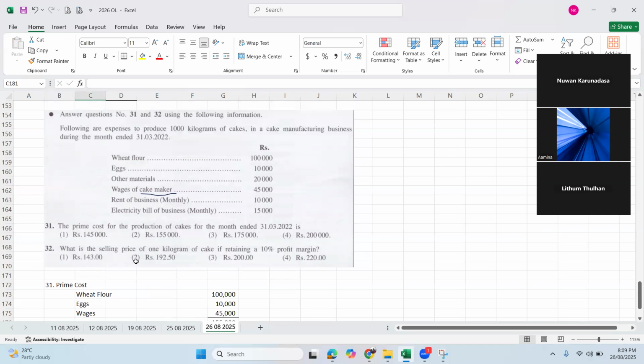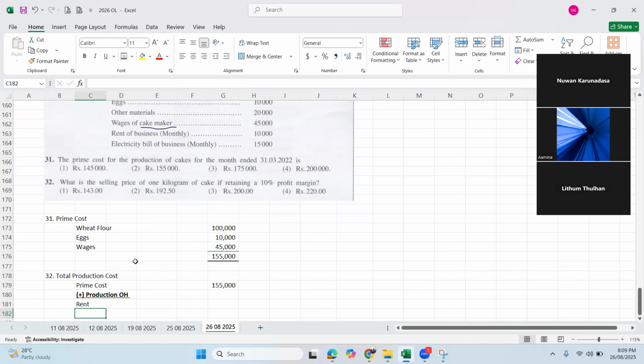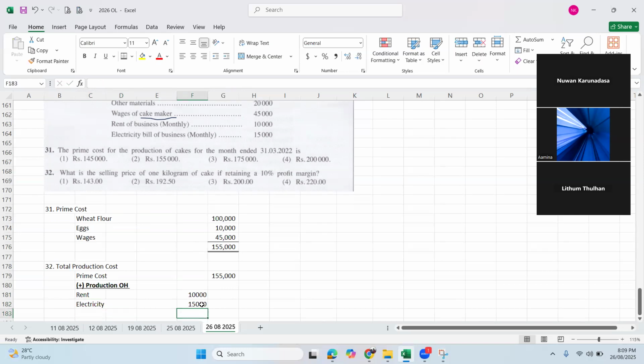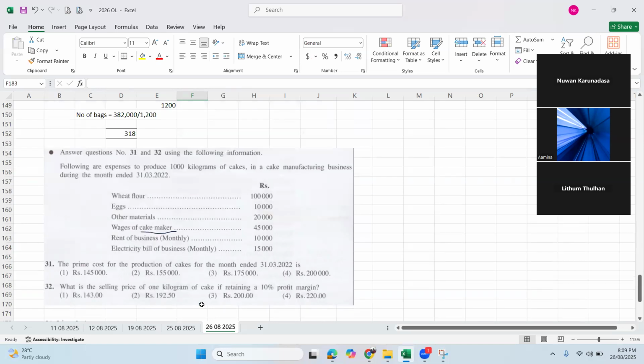Rent of the business. The information is asking for a month, so better you take the rent for a month. Monthly 10,000. Then electricity bill 15,000. Then other materials 20,000.